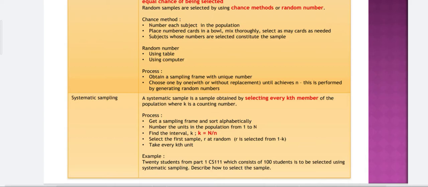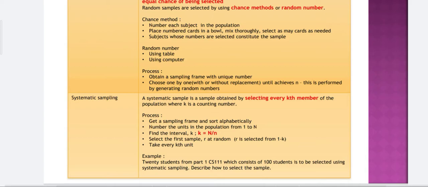Tadi kan kita punya step yang awal tadi kena sortkan dan kena numberkan 1 sehingga 100. So you dah numberkan 1, 2, 3, 4, 5 sampai 100. So tadi kita punya, lepas kita dapatkan K5 tadi, the first sample will be the second number. So second person will be the first sample.